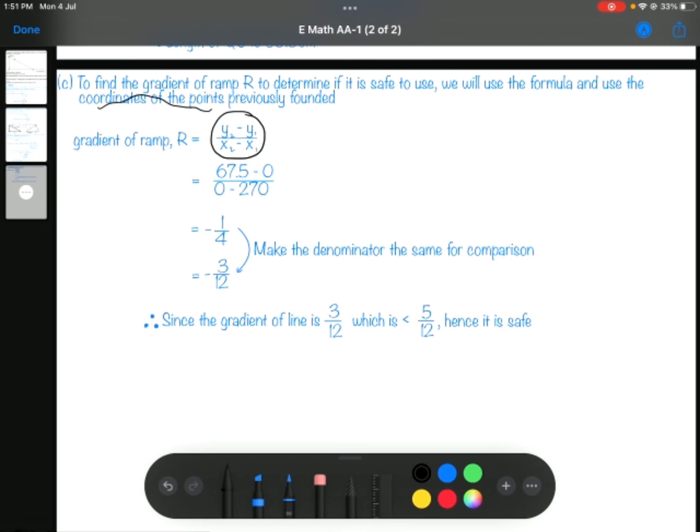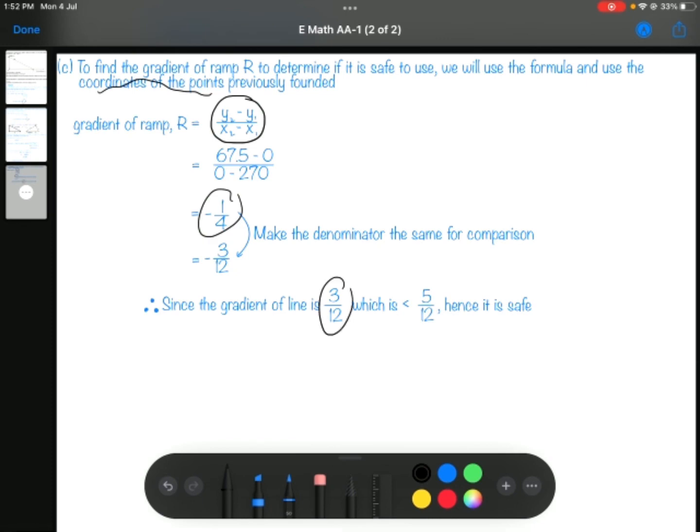Hence we sub in the values, 67.5 minus 0 over 0 minus 270, we will get a gradient of negative 1 over 4. However, to do comparison, we must multiply by 3 to make the same denominator. And since 3 over 12 is below 5 over 12, it is safe to use.